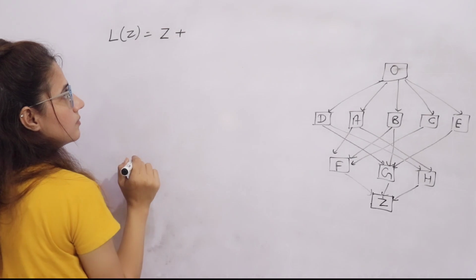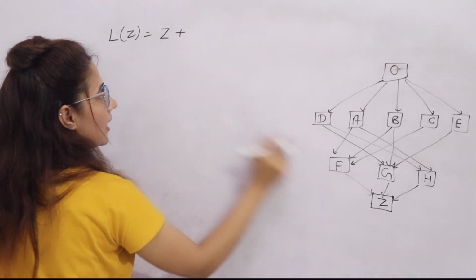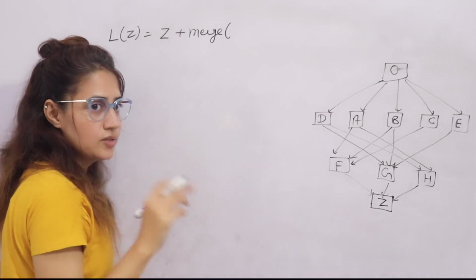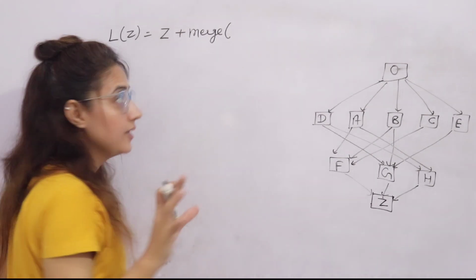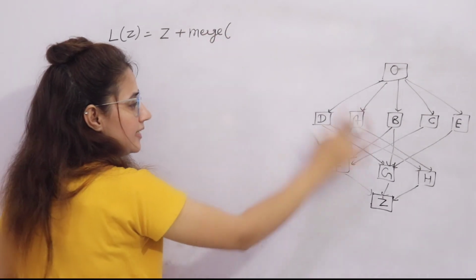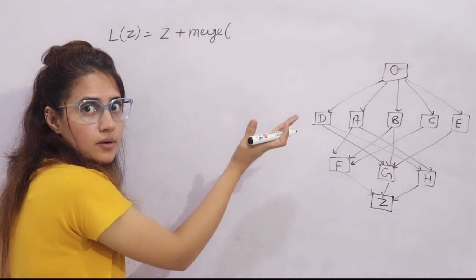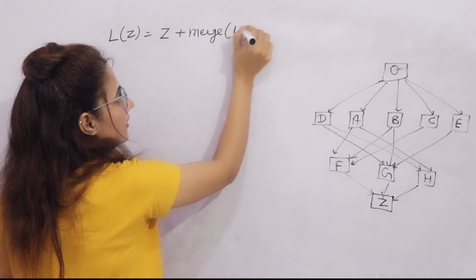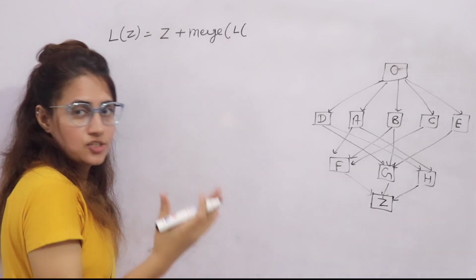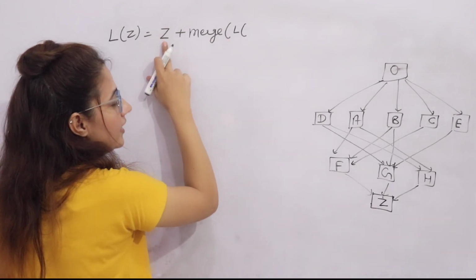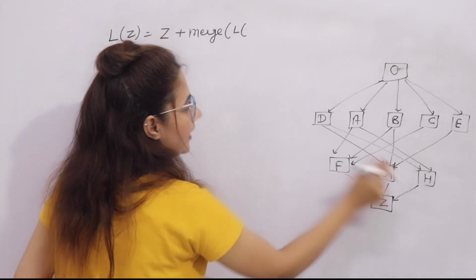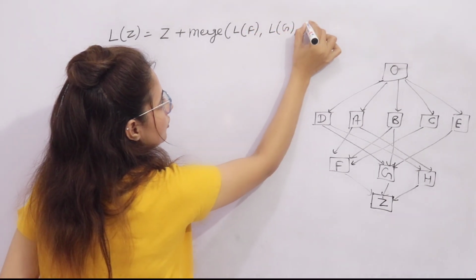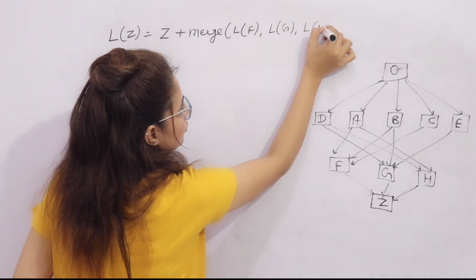Then Z plus the merge function, which we are going to use in this C3 linearization algorithm, right? Merge, then the linearization of all the superclasses of this Z. The linearization of superclasses of Z is what? F, G, H. So F, comma, G, comma, H.